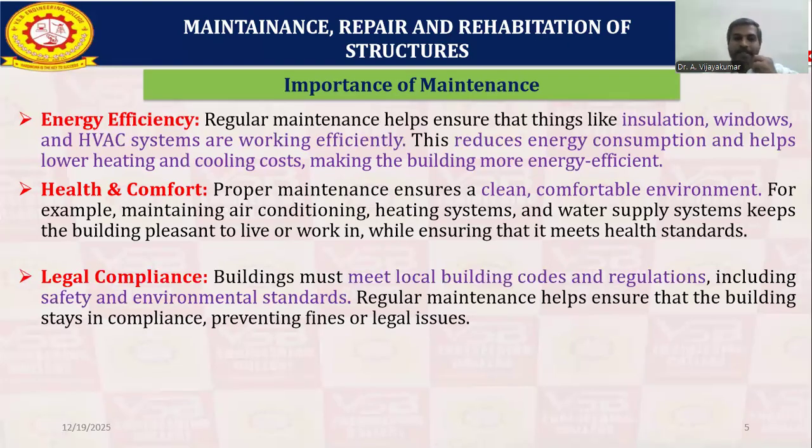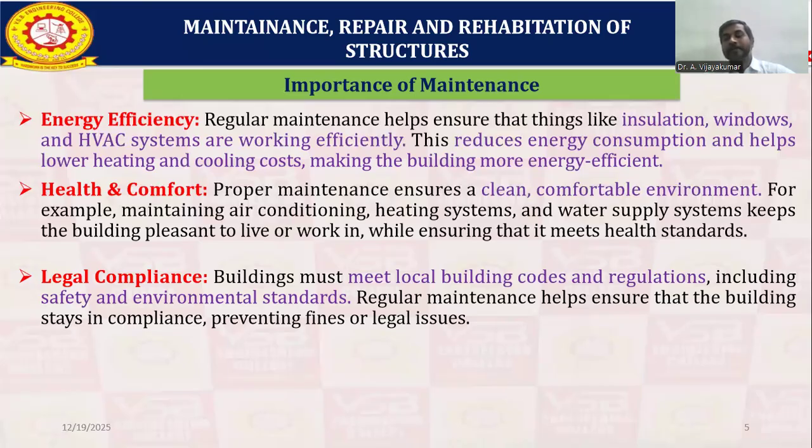So, legal compliance. Buildings must meet local building codes and regulations. Before we even start the construction, we need to follow the proper codes and practices for legal compliance. For example, in an urban area, if you see the buildings, they don't give a proper gap between adjacent buildings. While doing maintenance, we can't move around our homes.